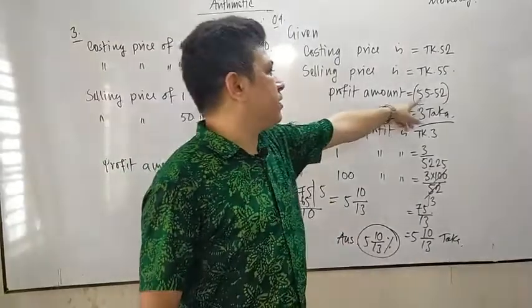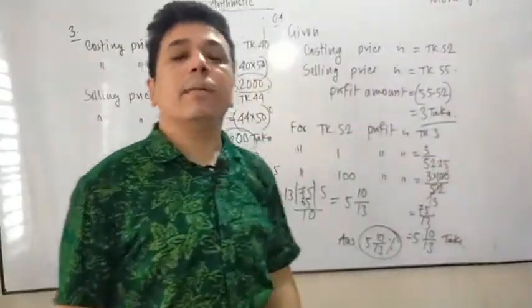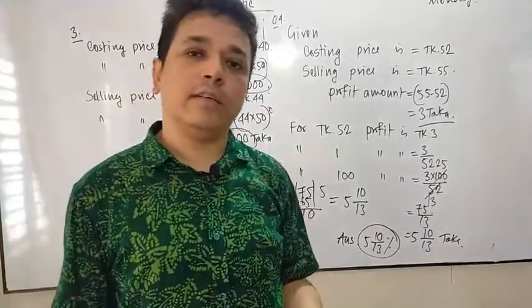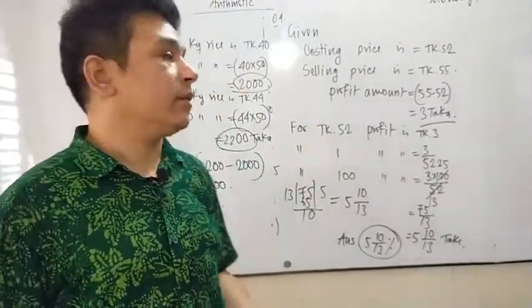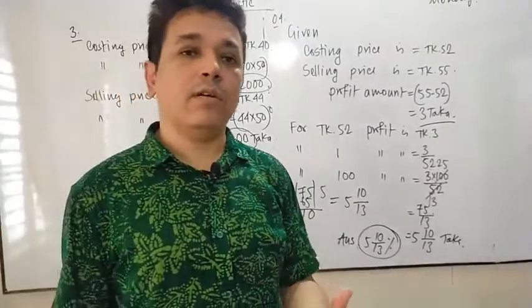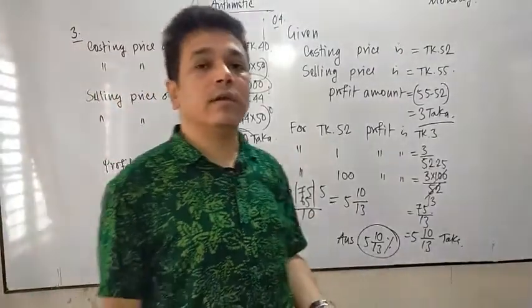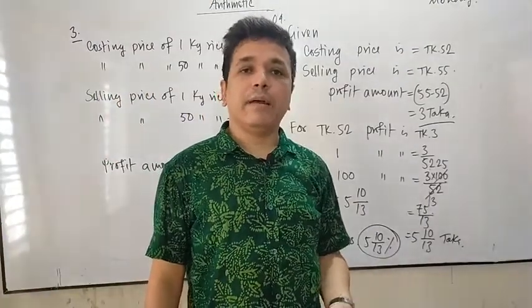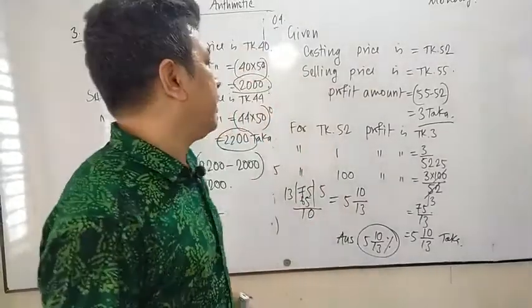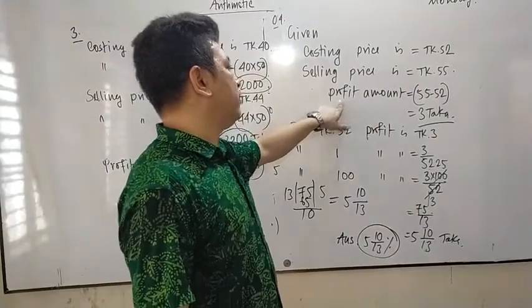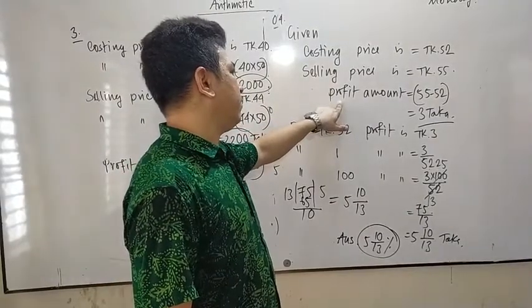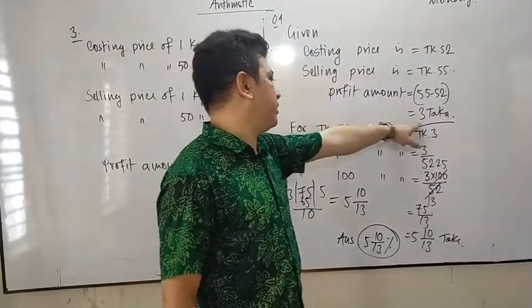Profit amount equals selling price minus buying price. Whenever a profit occurs, the selling price must be greater than the buying price. When a loss happens, the buying price must be greater than the selling price. Here it is a profit, so profit amount equals 55 minus 52, which is 3 taka.